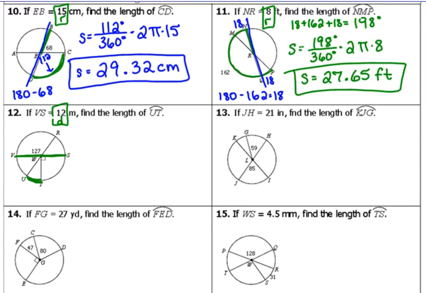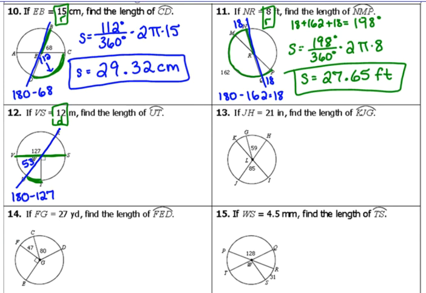We need that angle. We've got 90 degrees right beside it, and then we've also got 127 on our picture. So I'm looking at this diameter right here. So 180 minus 127 gives us 53. So 53 goes right here.